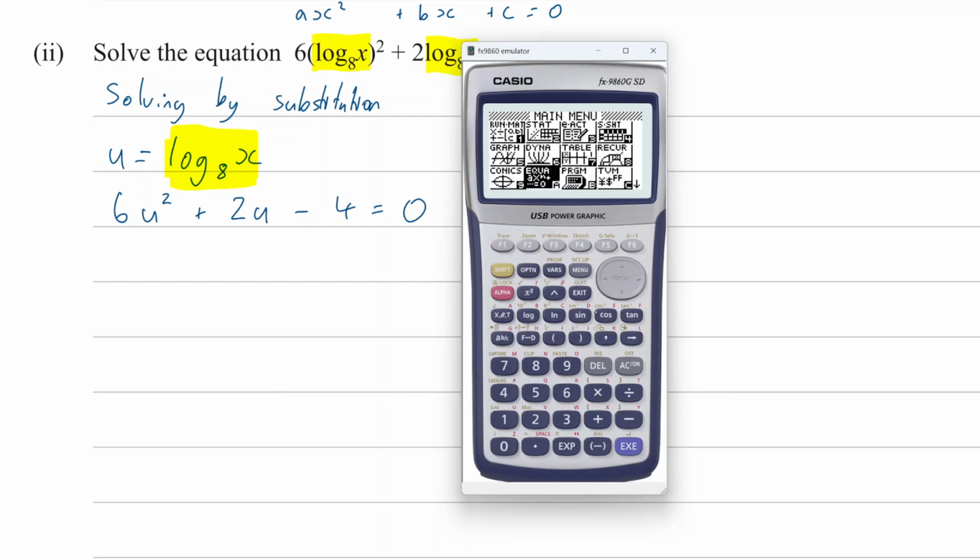So menu, equate for equation, F2 for polynomial, degree 2 for quadratic, and we put in a, b, and c. In this case, 6, 2, and negative 4. We hit F1 to solve, and we get x, or in this case u, equals 2/3 or negative 1.